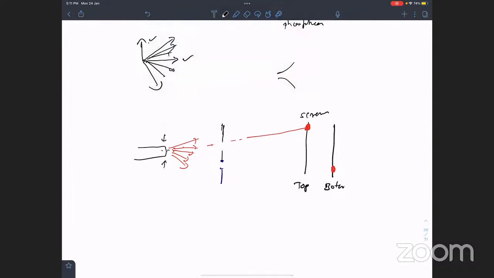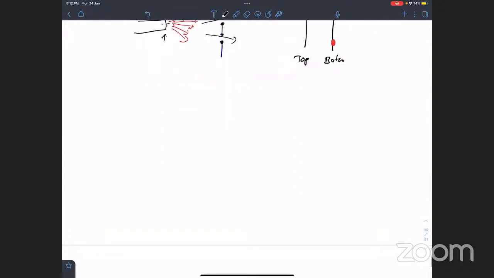Before telling you what is actually observed on the screen, let us think about it. An electron could either go through the top one or through the bottom one, with equal probability. So what do we expect to see on the screen? If the top was open, I would have seen this kind of thing.